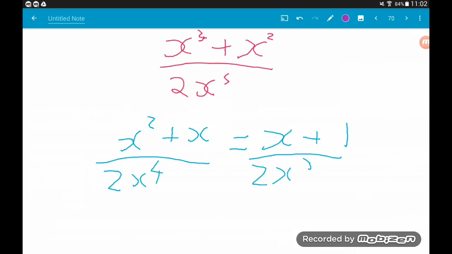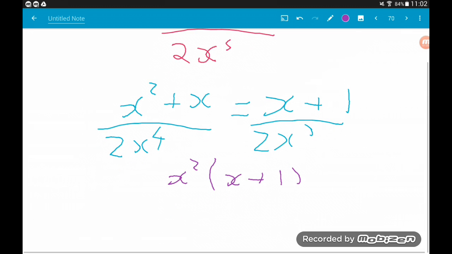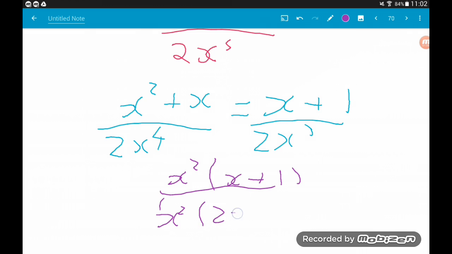So we could have first of all thought of it as x squared times x plus 1 over x squared times 2x cubed.